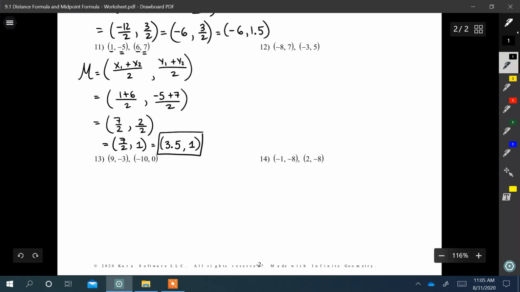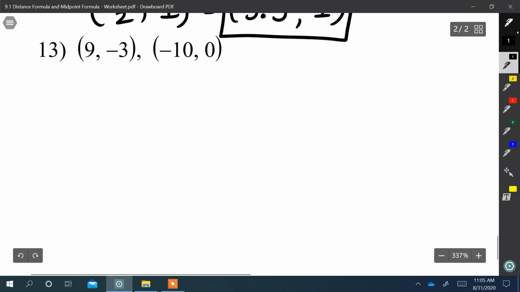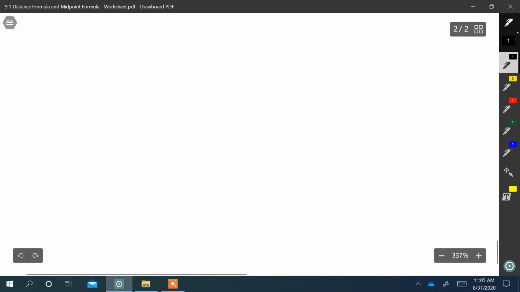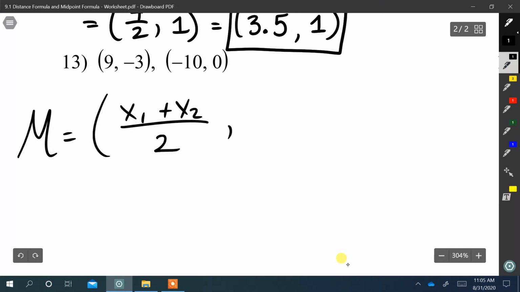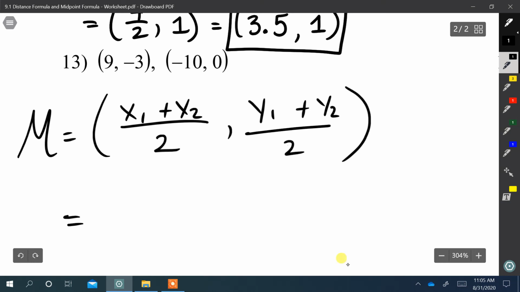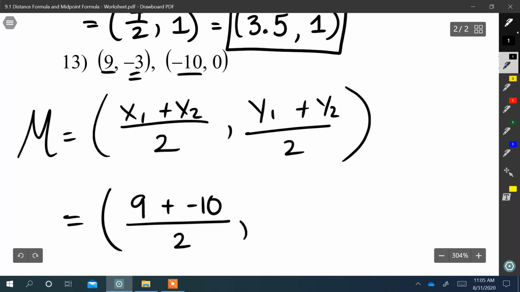All right, let's do one more and then I'll let you guys finish. So once again, the midpoint formula is going to be x1 plus x2 over 2. We have y1 plus y2 over 2 as well. We've got x1, we've got 9 plus -10 over 2, and then we have -3 plus 0 over 2.